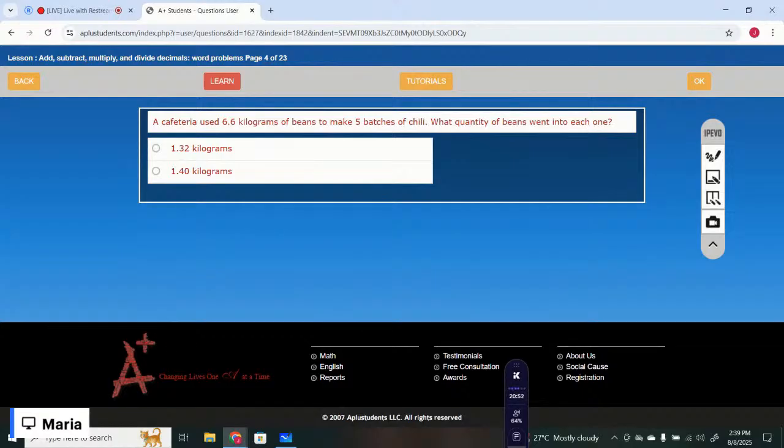A cafeteria used 6.6 kilograms of beans to make 5 batches of chili. What quantity of beans went into each one?